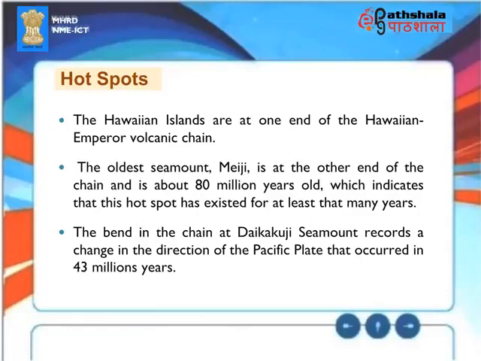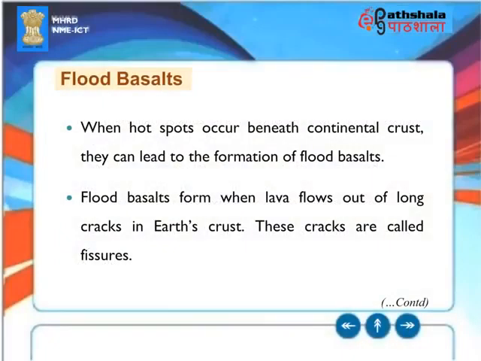The oldest seamount, Meiji, is at the other end of the chain and is about 80 million years old, which indicates that this hotspot has existed for at least that many years. The bend in the chain at Daikakuji Seamount records a change in the direction of the Pacific plate that occurred 43 million years ago.